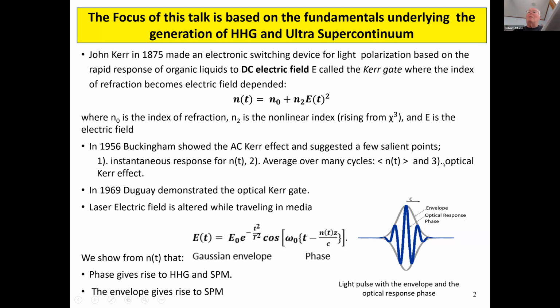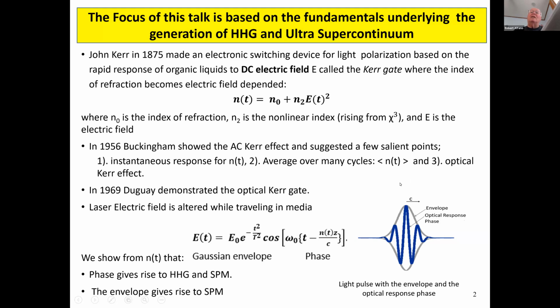And more importantly, he mentions in a couple of sentences that if you only had a lamp that put out thousands of volts per centimeter, you would have an optical Kerr effect, but he did not have that. The most powerful lamps were 1 volt per centimeter.